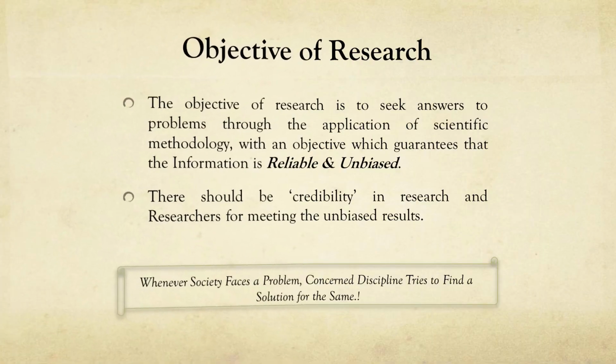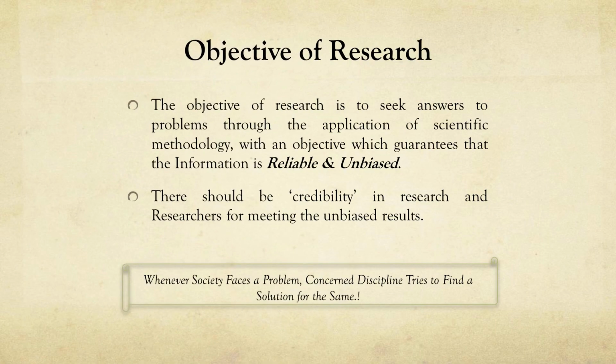Next, we move on to the objectives of the research. The objective of the research is basically to seek answers to the problems through the application of scientific methodology with an objective which guarantees that the information is reliable and unbiased. So there should be credibility in your research, and to meet this credibility, to meet these unbiased research, there is a structure that everyone needs to follow.